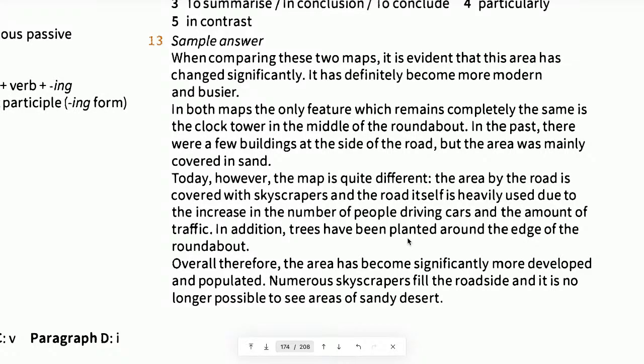Now, tell me, why do we need to use the present perfect tense here?